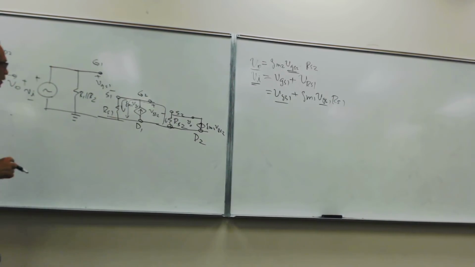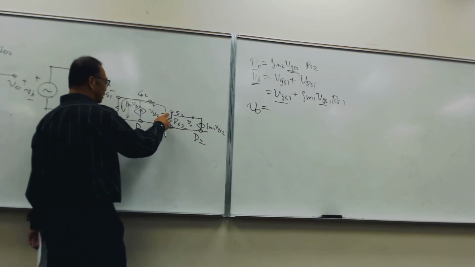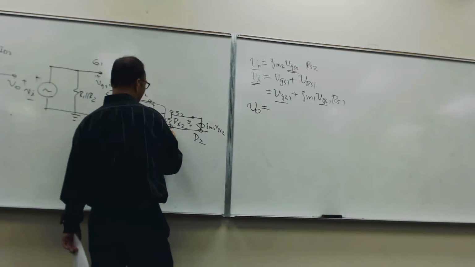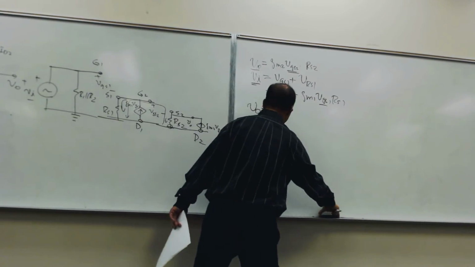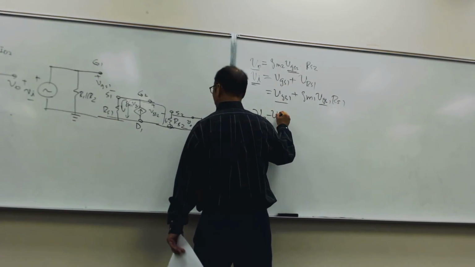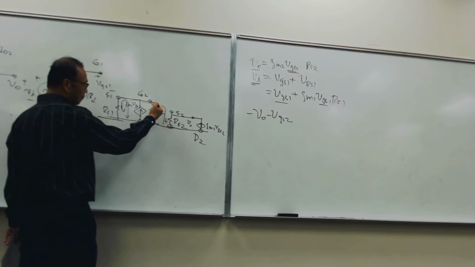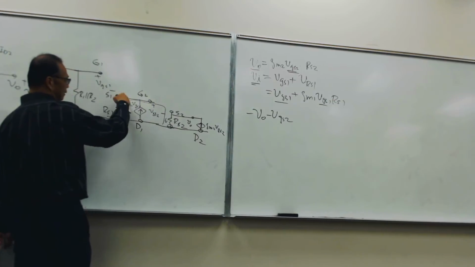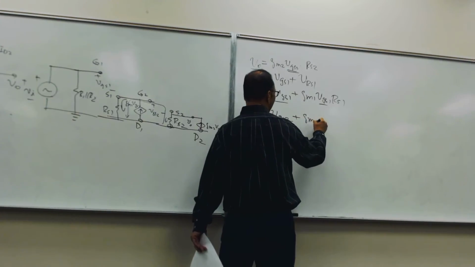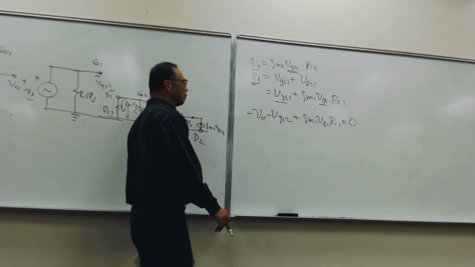So in this loop, because this is minus and plus, Vo minus VGS2, correct? Minus, and then plus or minus, so that's plus gm1 VGS1 RS1 equal to 0.